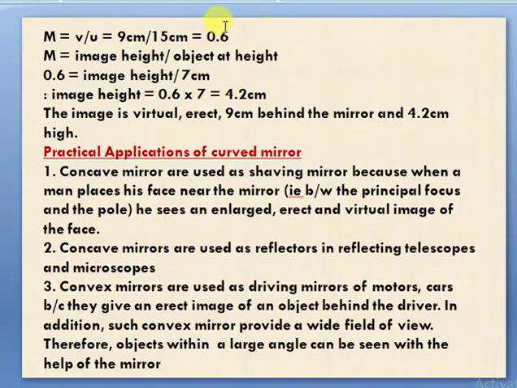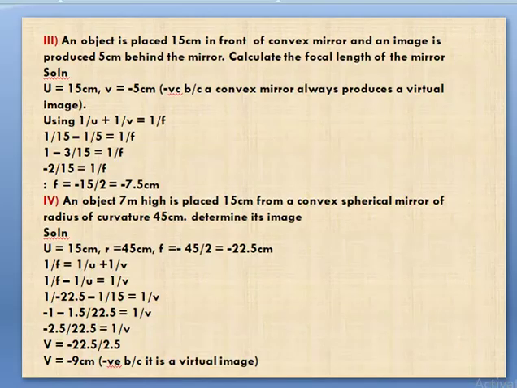The image is not up to 1. It's diminished. We can equally find the image height. Remember magnification, another formula says image height over object height. So we use this formula to get the image height. Now magnification 0.6 is equal to image height over, from the question, we are given the object height.